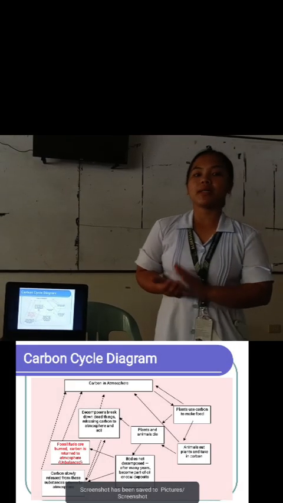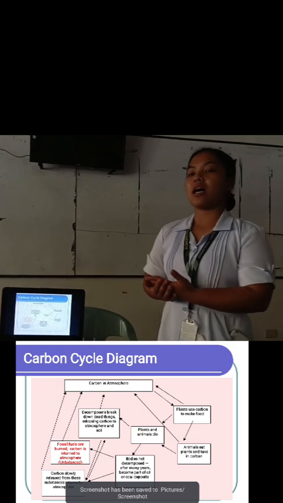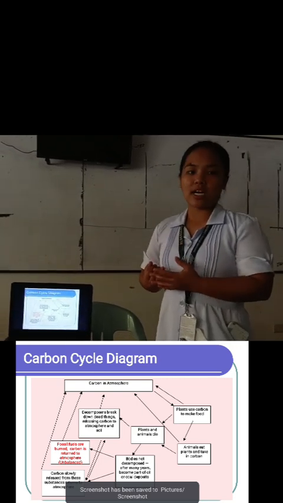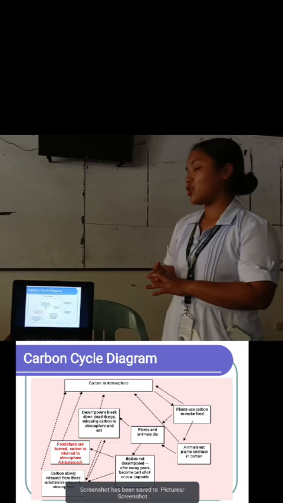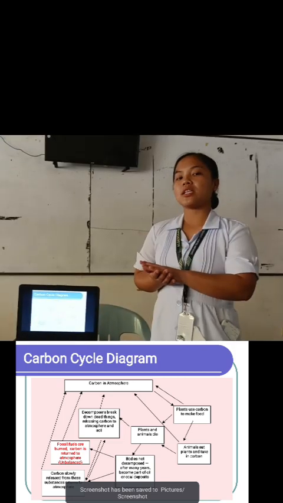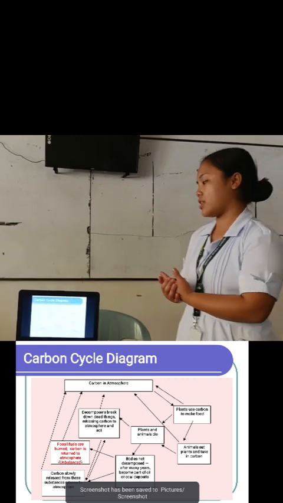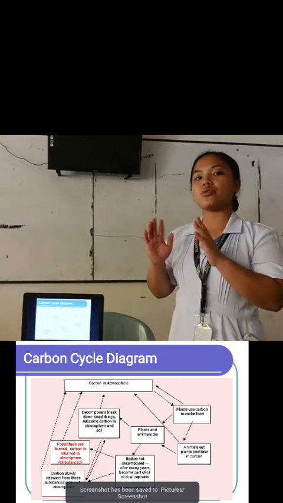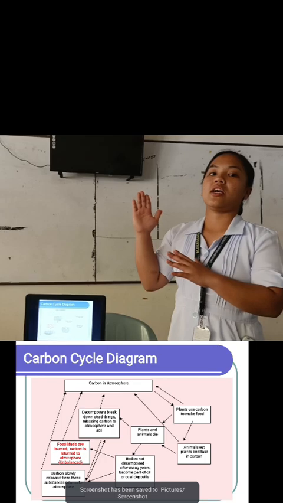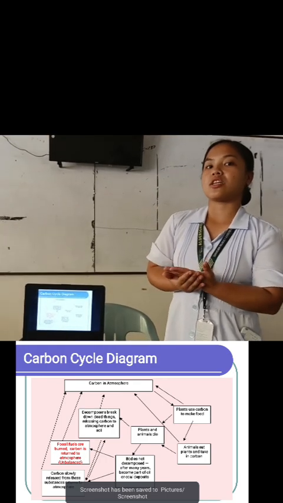So after nun ma-decompose yung mga animals or humans, yung mga part lang ng fossils nila yun yung maiiwan and then yung the rest is babalik siya sa atmosphere kung saan nag-start yung carbon.